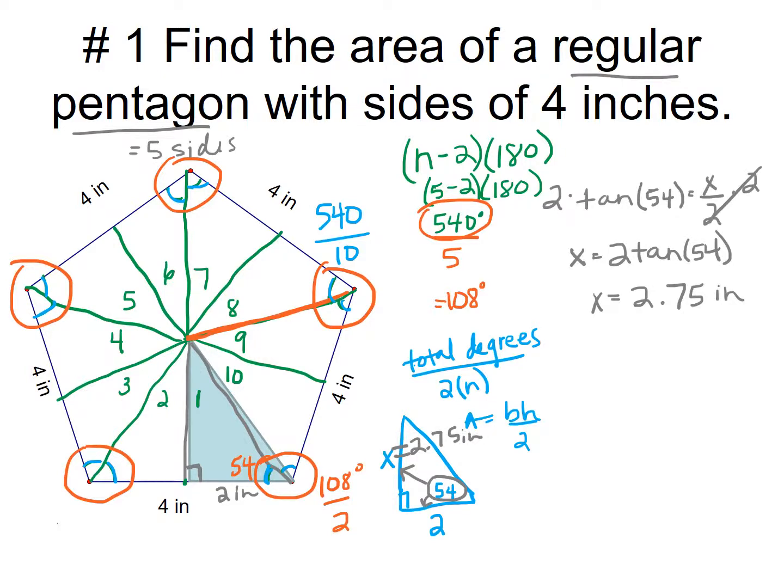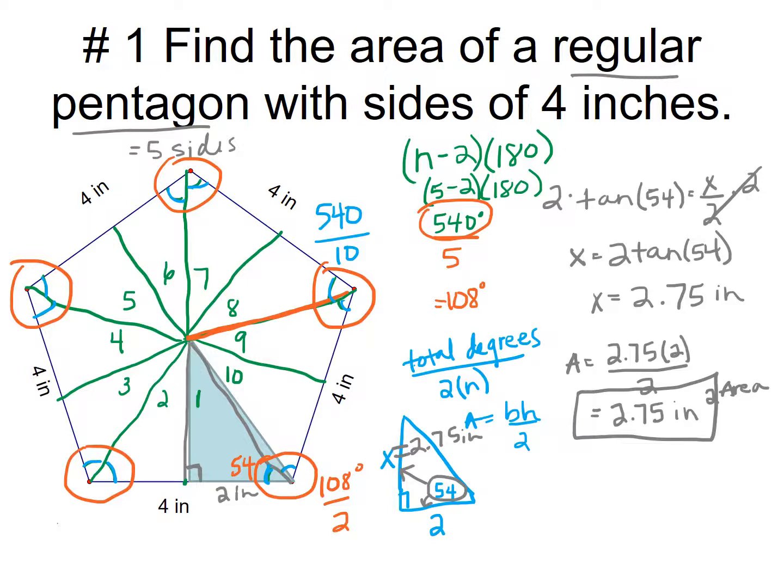Now that I know the height and I know the base, I can find the area of this one triangle. So the area of this triangle is going to equal 2.75 times 2, so base and height, divided by 2. Now this is going to equal 2.75 inches squared. And again, this answer right here in the box is the area of one triangle.